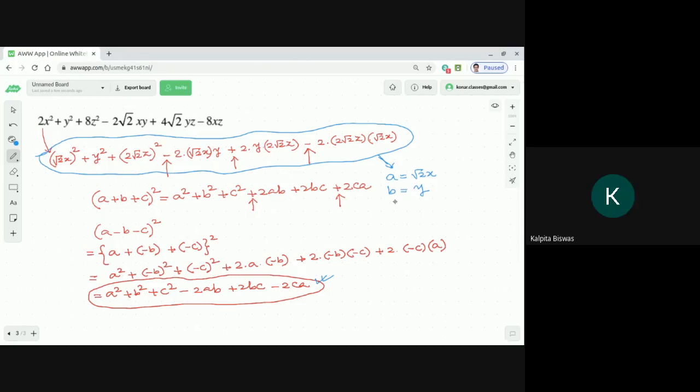I'm sorry, a is equal to root 2x. Now, as there is a minus here, and c and a both are here, it is minus. So here a, b, c we get a, b.